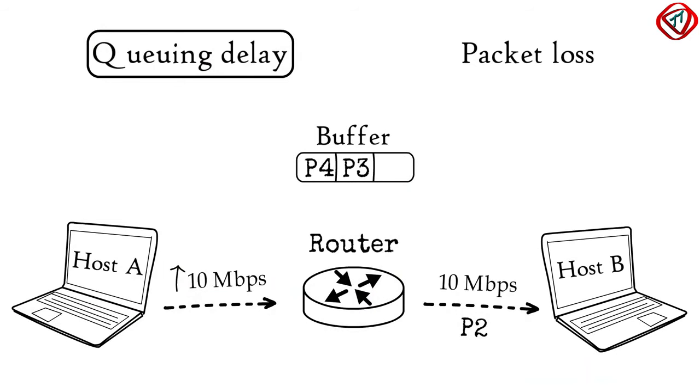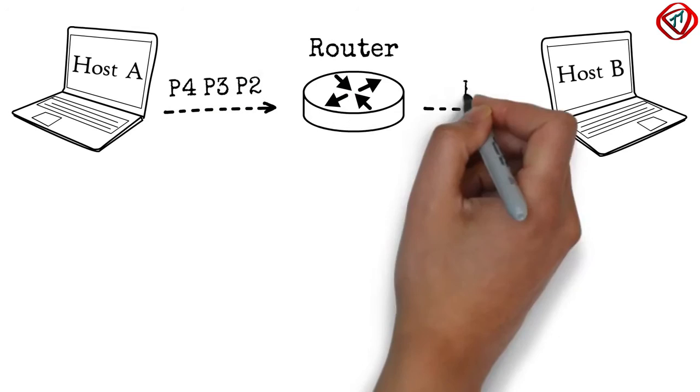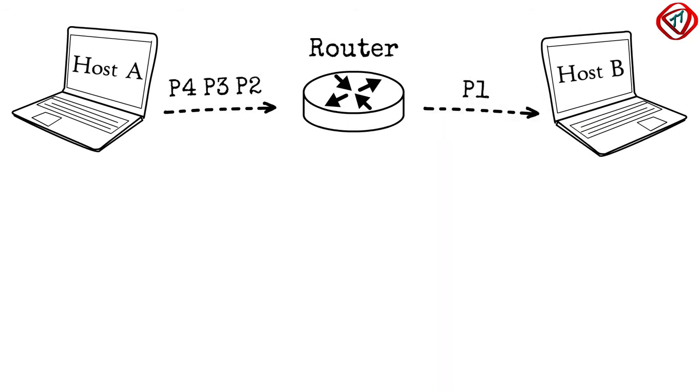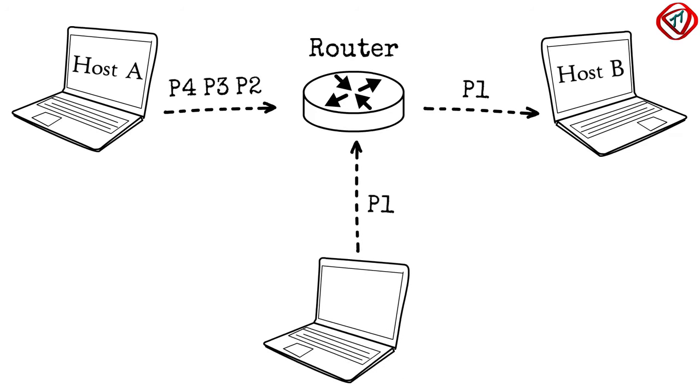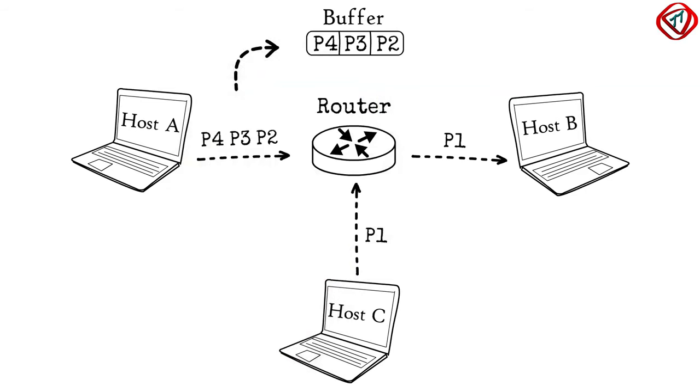Queuing delay can also occur in cases where host A is sending packets to the router, but the router is busy in sending packets received from host C. The packets received from host A will queue in the buffer till the previous transmission is over. Since the buffer has a finite space, cases may occur where the incoming packet may find the buffer completely filled.